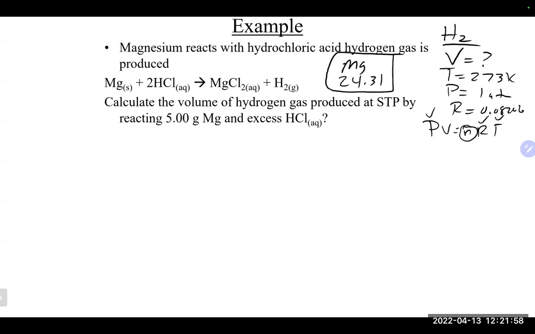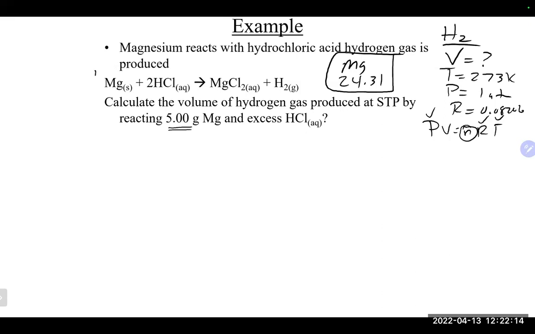So very much like the previous problem, we're going to approach it using the only other number that's there, which is the 5 grams of magnesium. We're going to do a stoichiometry problem to go from magnesium moles to hydrogen moles. Then we obviously can use the ideal gas law.